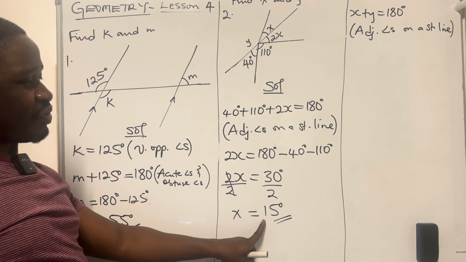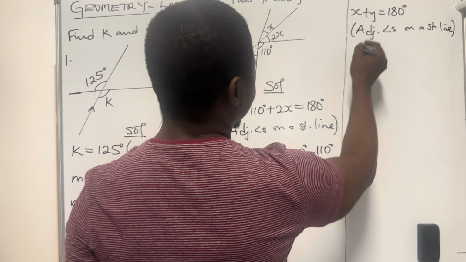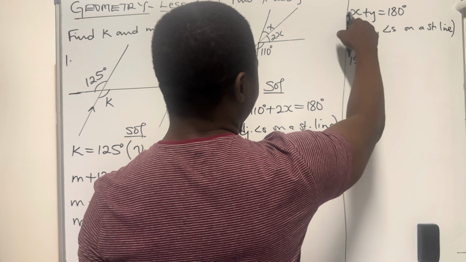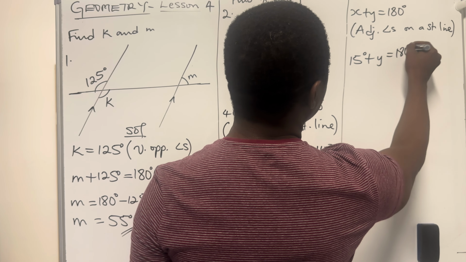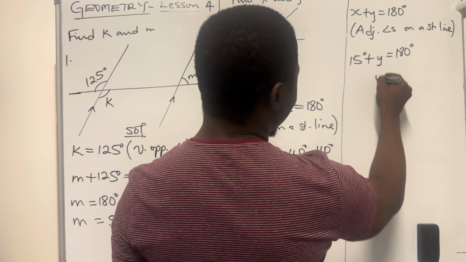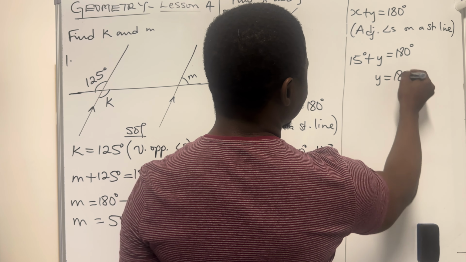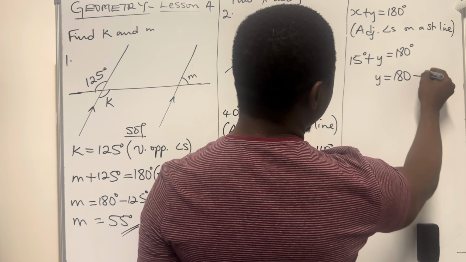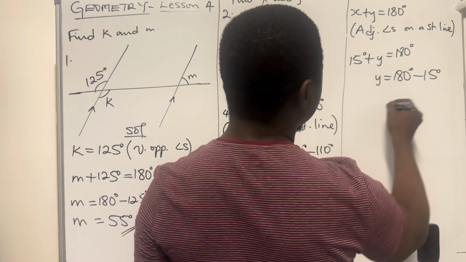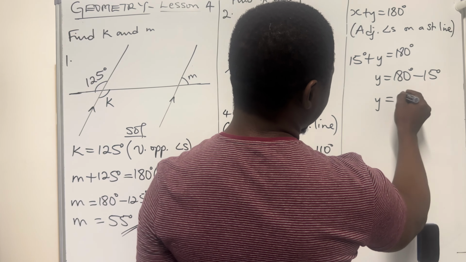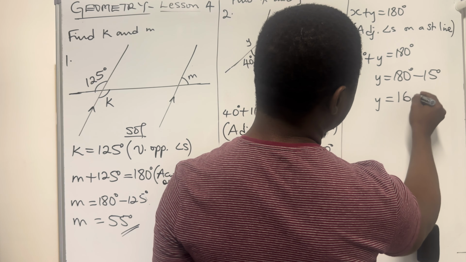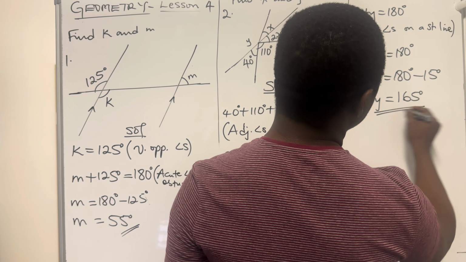But x is already 15 degrees. So we say 15 for x, plus y equals 180 degrees. So now y is equal to 180 minus 15 degrees. So 180 minus 15 is 165 degrees.